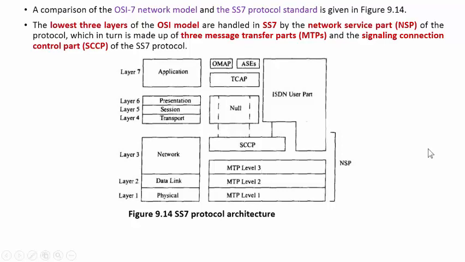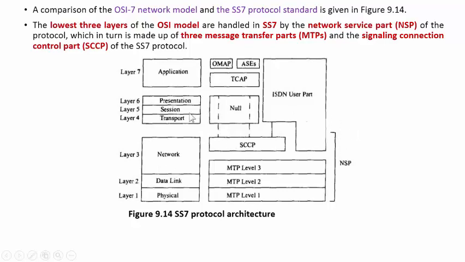Physical layer, data link layer and network layer are mapped on the message transfer part, that is MTP: MTP level 1, MTP level 2 and MTP level 3.